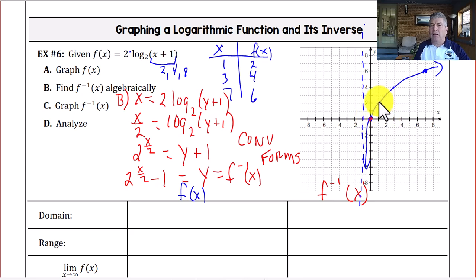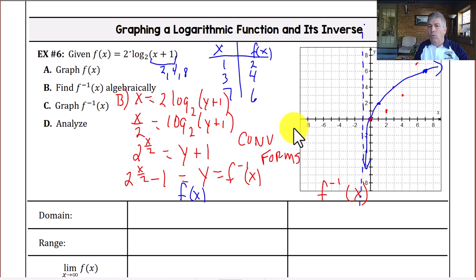And then I have an x of 1 and a y of 2, which means I could have an x of 2 and a y of 1. And I had an x of 3 and a y of 4, so now I could have an x of 4 and a y of 3. And then I had an x of 7 and a y of 6, so now I have an x of 6 and a y of 7.